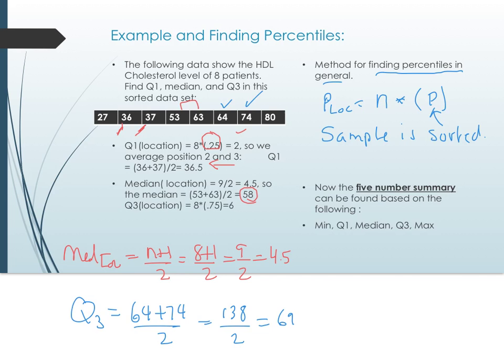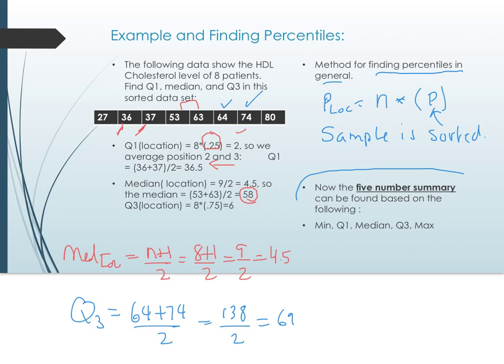Then you count: if it's a whole number, you would add the value at that location and the value at the location above it and divide by 2. If it's not a whole number, you just round up, and that's the actual percentile.